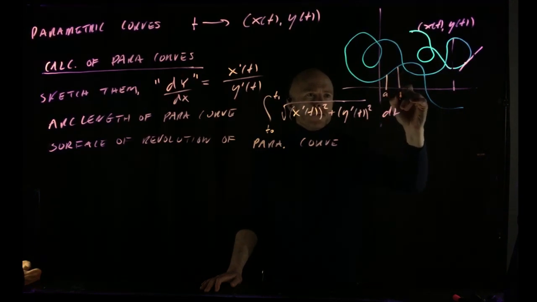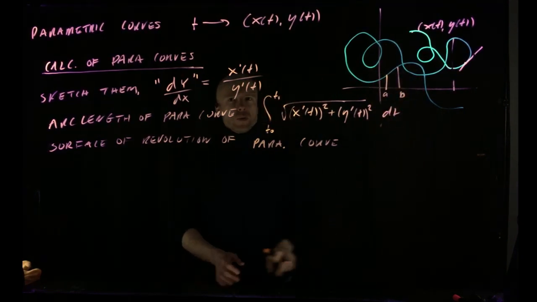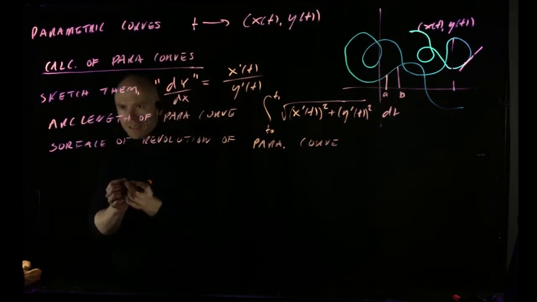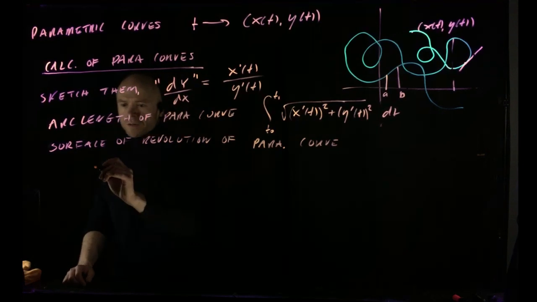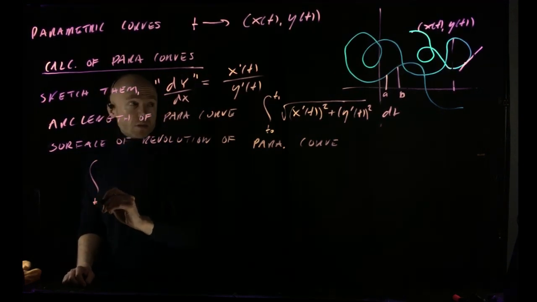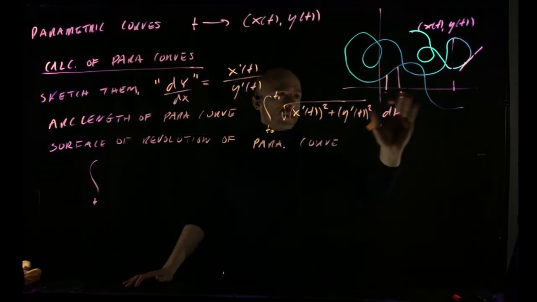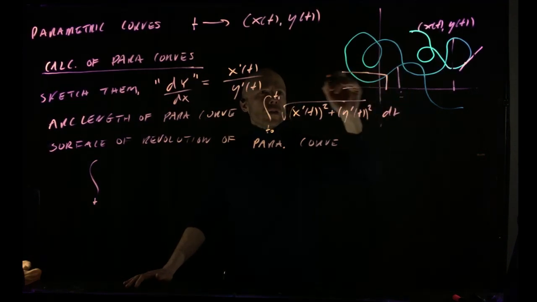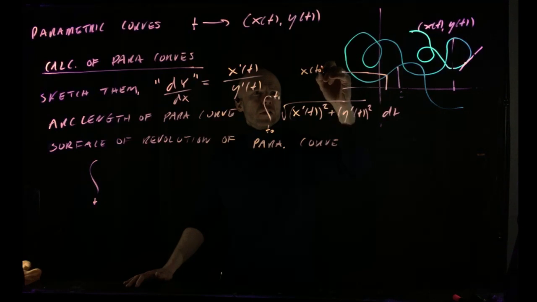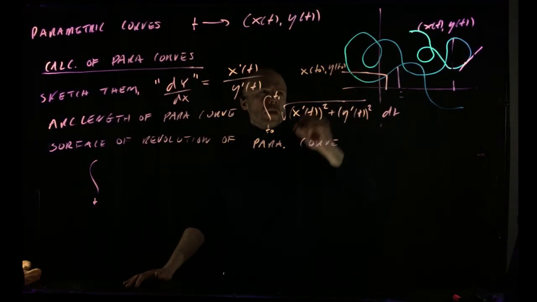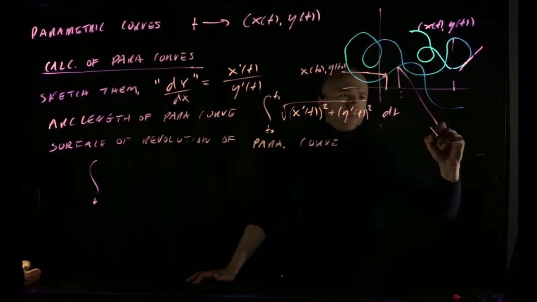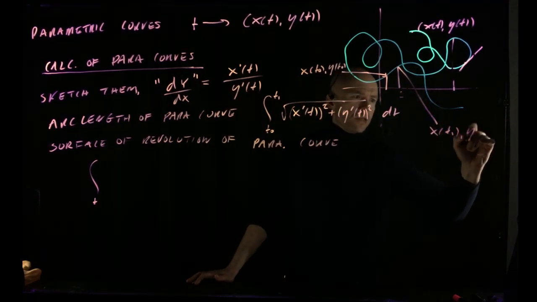If we rotate it around the x-axis, we have to think about the circumference and the thickness of each little band that makes up this object. So let's call this point here x of t0, y of t0, and this particular point right here x of t1, y of t1.